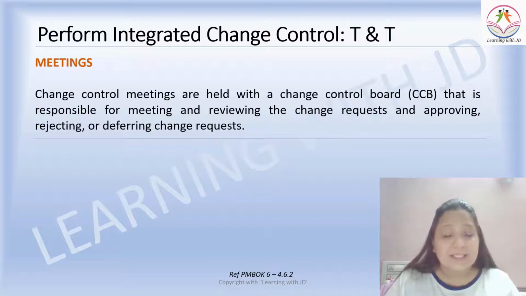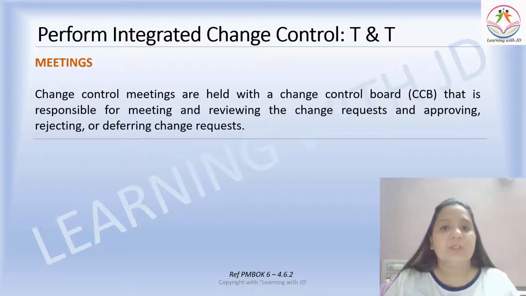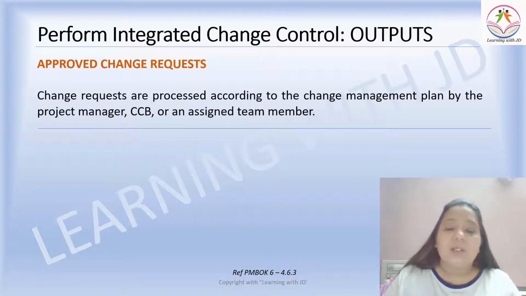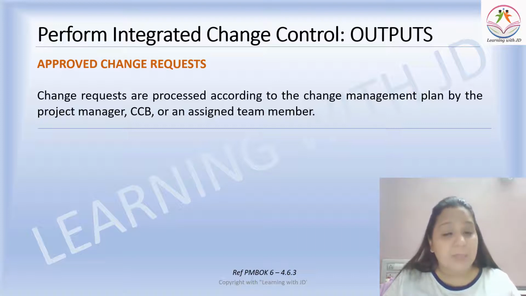Another tool and technique often used for perform integrated change control is meetings. You meet the stakeholders, you meet other team members, you meet the sponsor to decide whether a requested change needs to be approved, rejected, or deferred. Approved change requests are an output from perform integrated change control. Change requests are processed according to the change management plan.